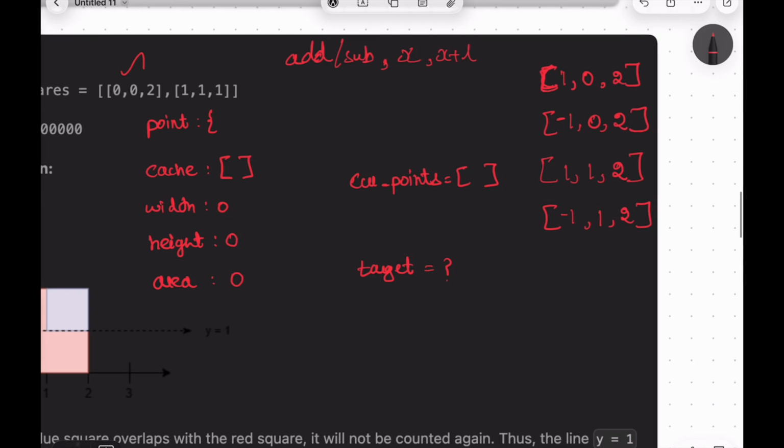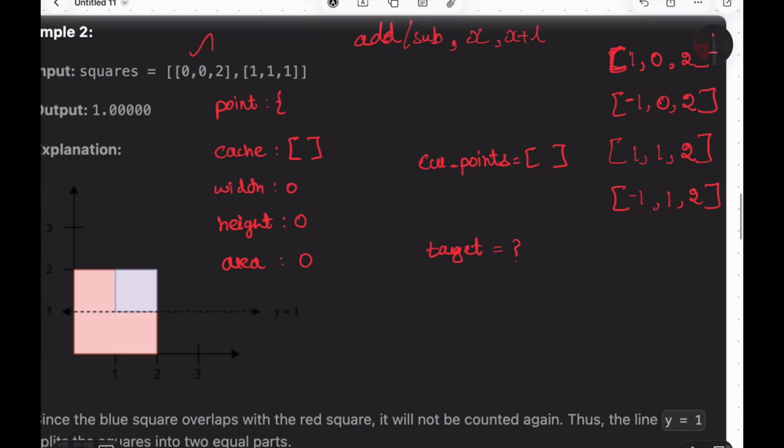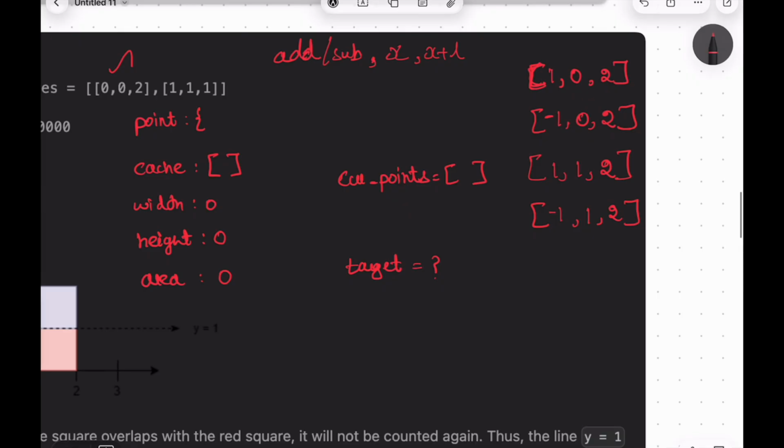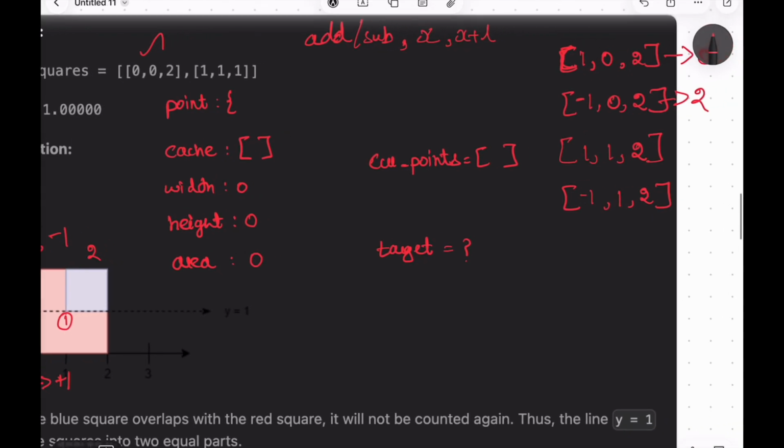So how do we determine the y value for this, right? Because this square starts at 0 and ends at 2, so for negative this will be 2, and for positive this will be 0, right? So this maps to 0, and this maps to 2. And the one that starts at 1 and ends at 2, so negative will be 2 and this will be 1, right?